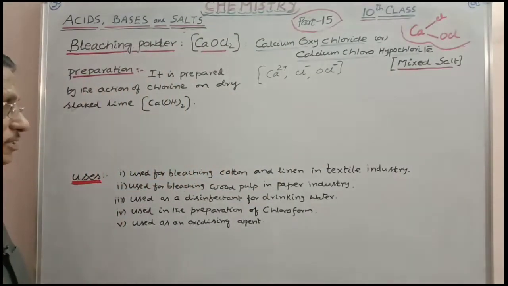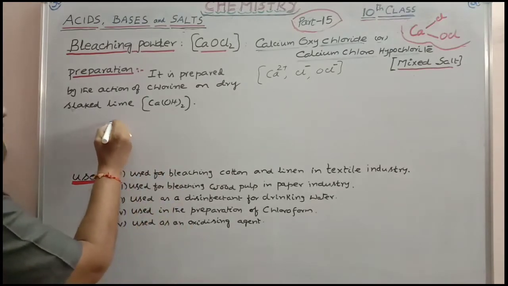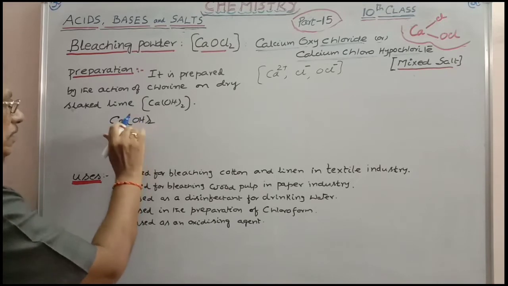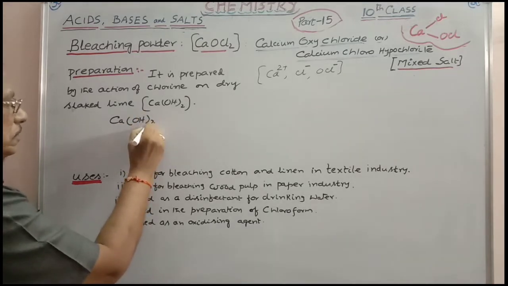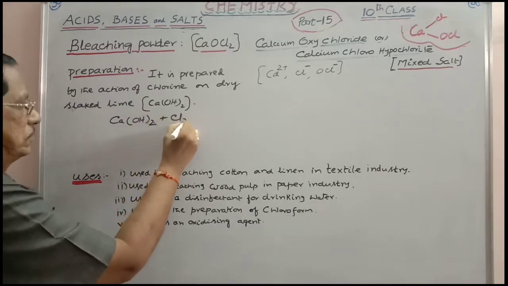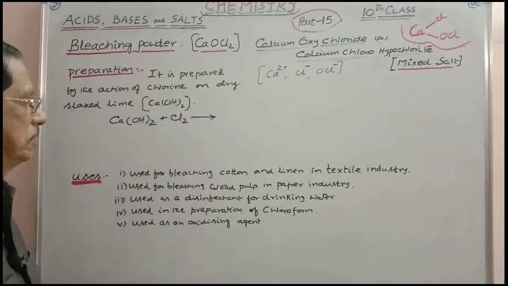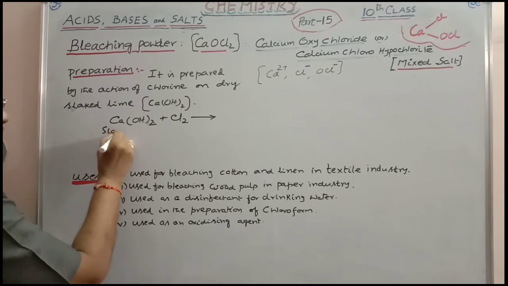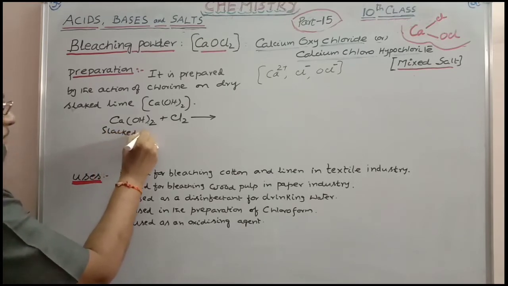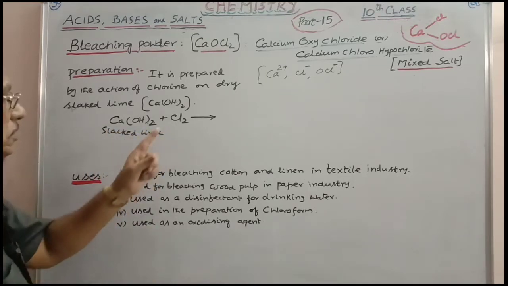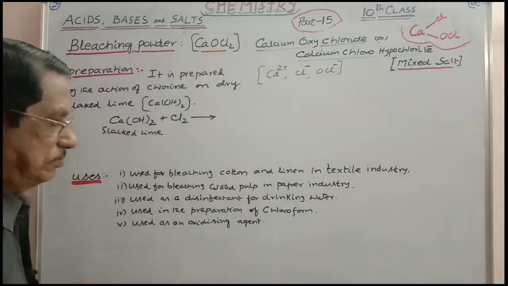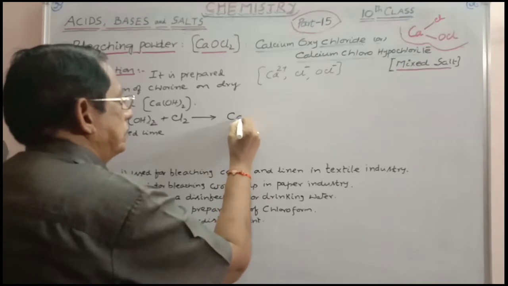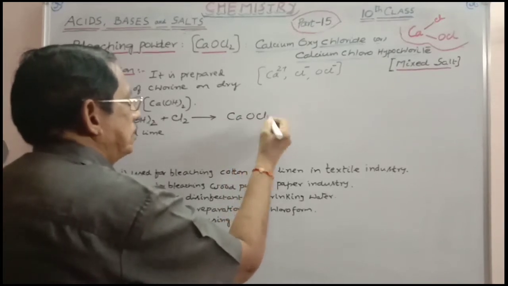You can put down the equation. Ca(OH)2 plus Cl2. This is slaked lime, dry slaked lime. You pass chlorine over this calcium hydroxide. It will be converted into CaOCl2.